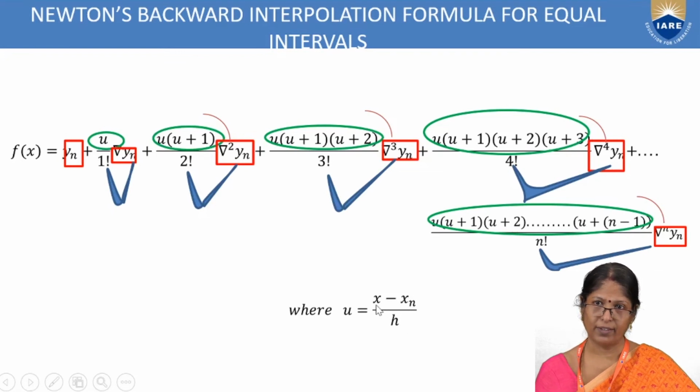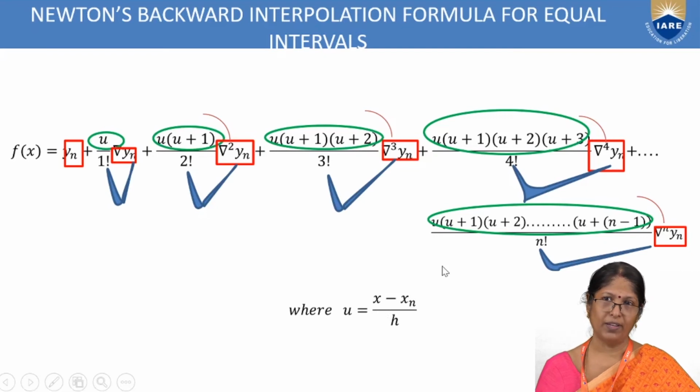What is this x? In the given problem, in our given question, this x is the point at which the value of f of x will be asked. The xn that is written is the end point taken under x. Maybe in our given problem 5 data points are there, so the last, fifth one will become xn.